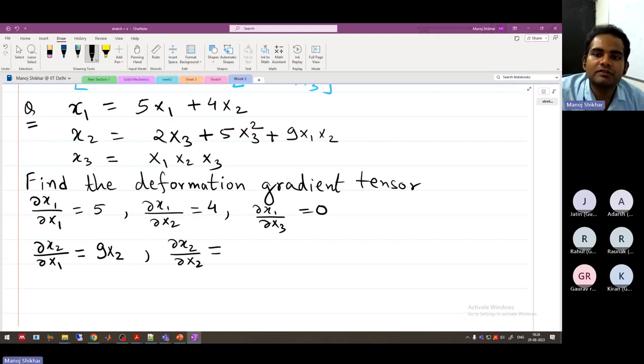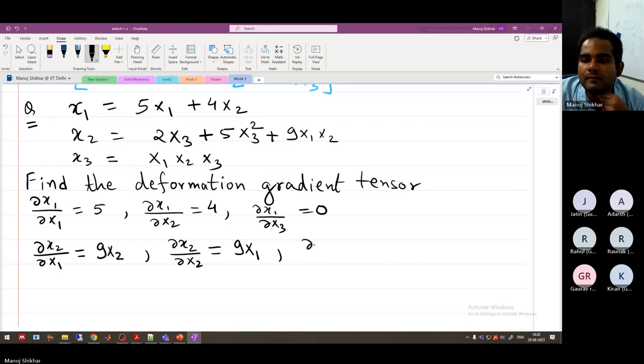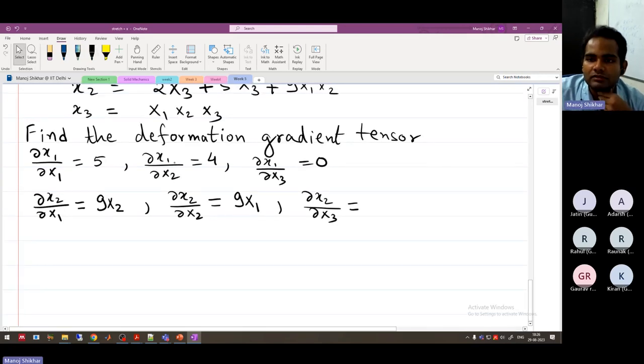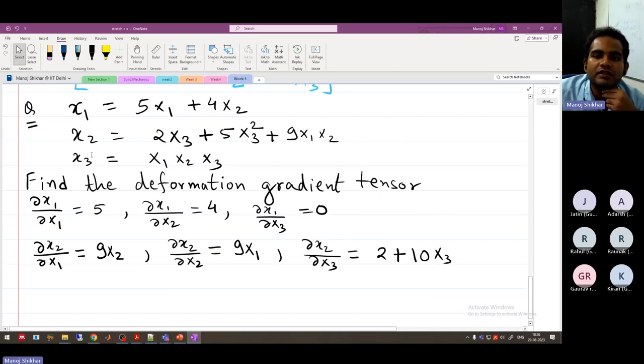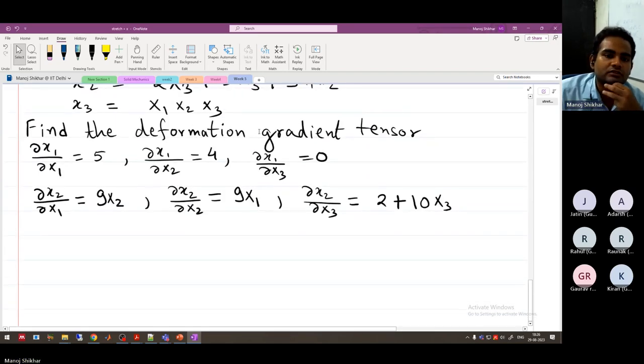Differentiation of x3 with respect to capital X2 will be 0, and capital X3 square differentiation with respect to capital X2 will be 0. So we will be left with 9X1. And what will it be? 2 plus 10X3, differentiating with respect to X3.